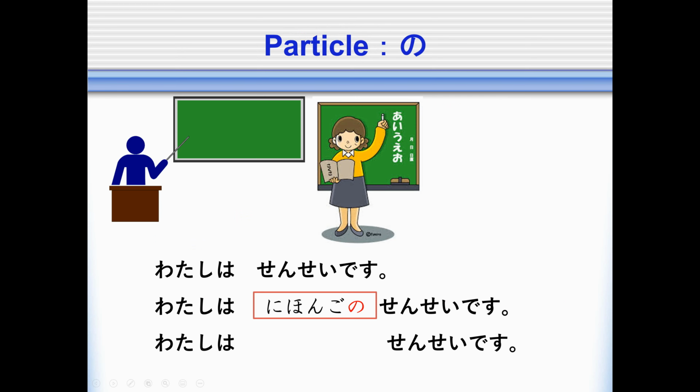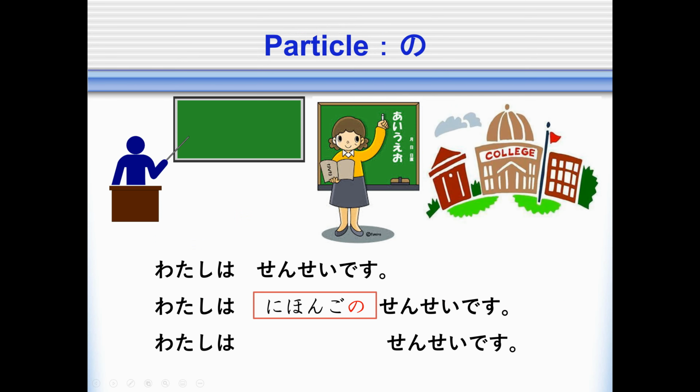A Japanese language teacher. 私は大学の先生です。大学の先生. A university teacher. A teacher who belongs to a university.